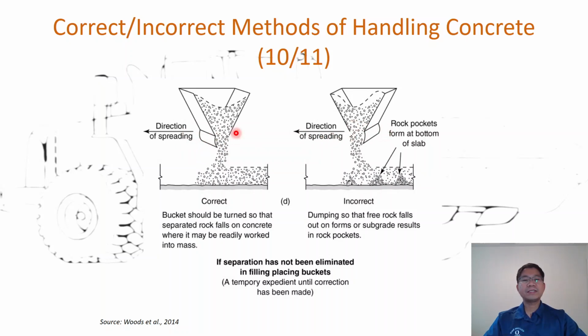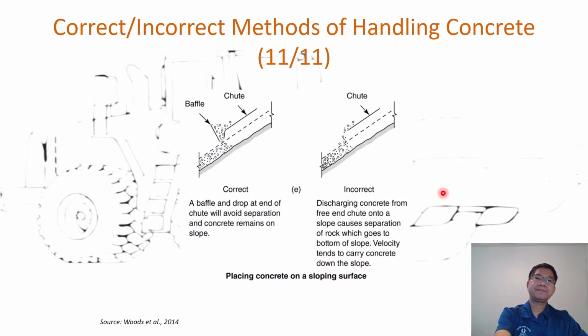The orientation of the chute has to be maintained in the correct way, as shown on the left, so that it avoids segregation. If you go in this direction left but the orientation is set that way, then you have a separation of the rock and the mortar as shown on the right.